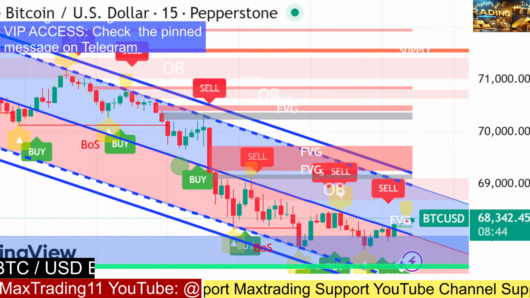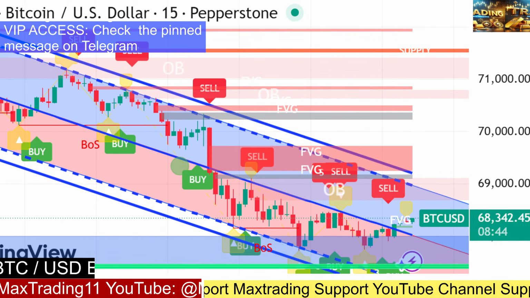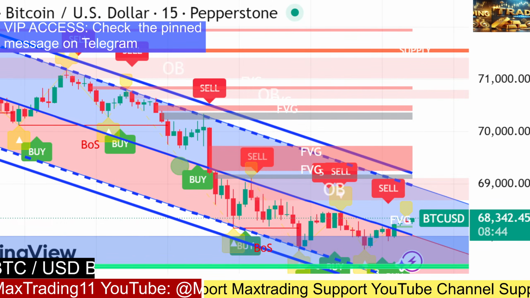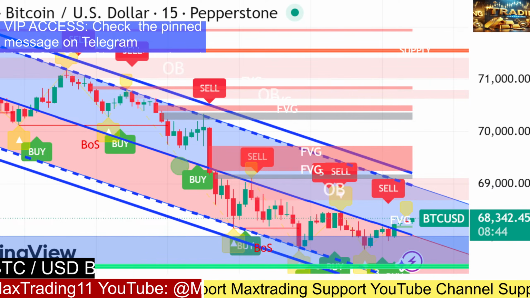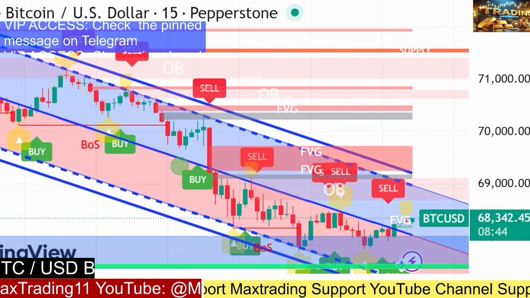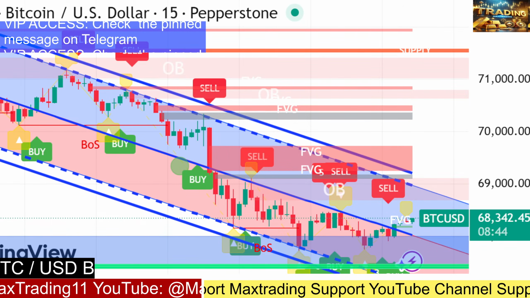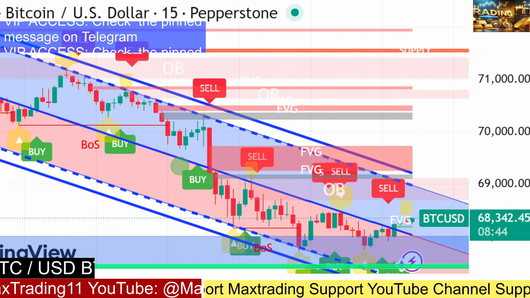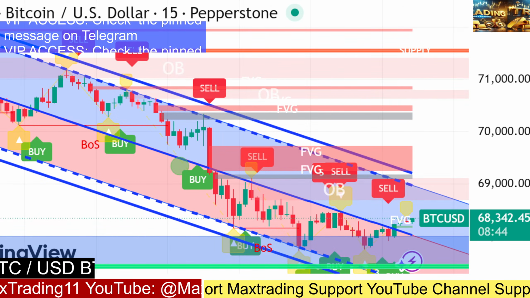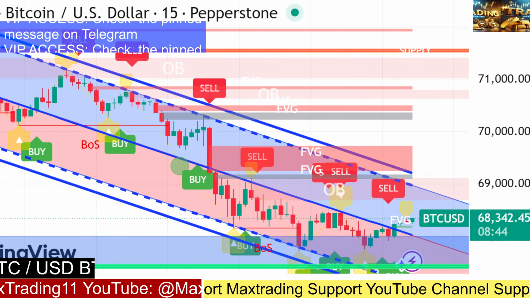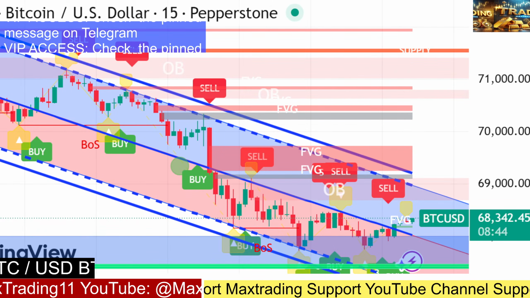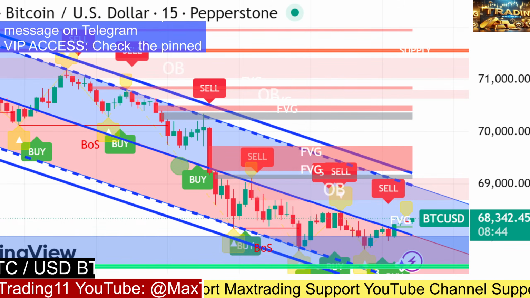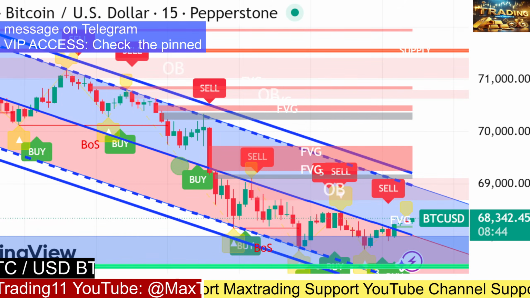BTCUSD Deep Trading Analysis, Price Channel Strategy. Welcome everyone to this comprehensive and detailed analysis session on Bitcoin and also on gold versus the US dollar, BTCUSD. Today, we'll be focusing on how to read, understand, and utilize the power of the price channel indicator in combination with other market confirmation tools such as the zigzag structure, swing highs and swing lows, and buy/sell signals that appear across multiple time frames.